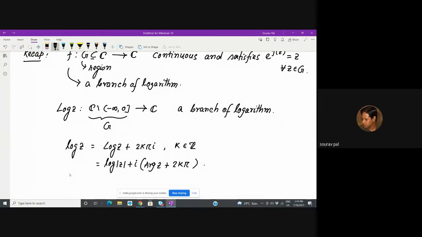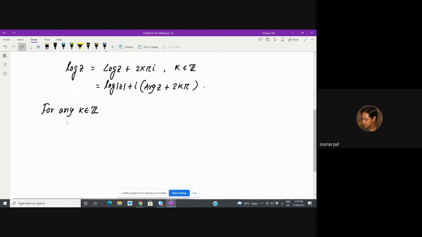Now the point is that for any k, what can you say about this function, if you call it f_k(z) equal to, say, log z plus 2k pi i?